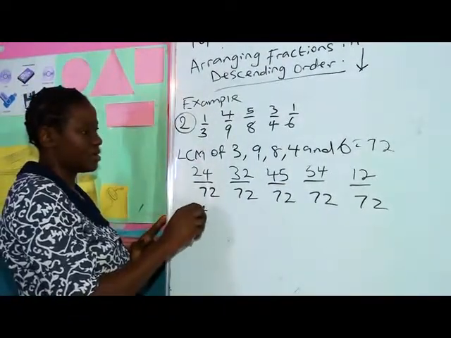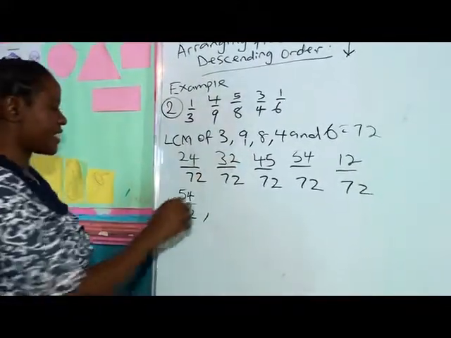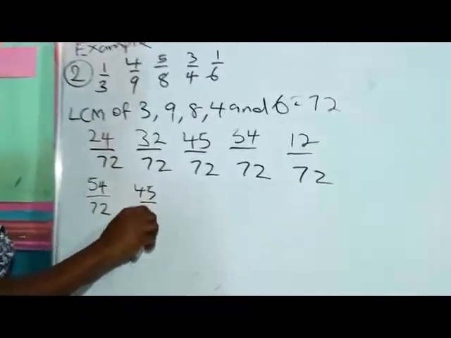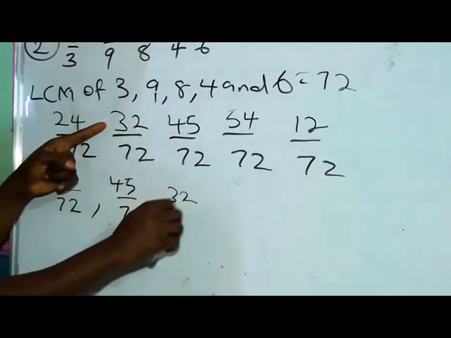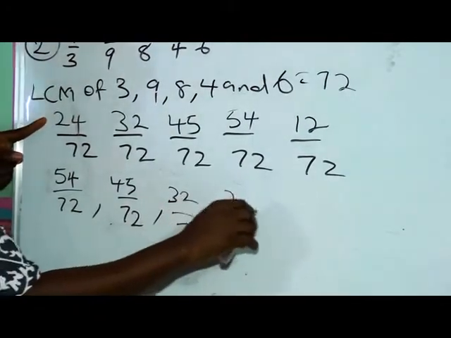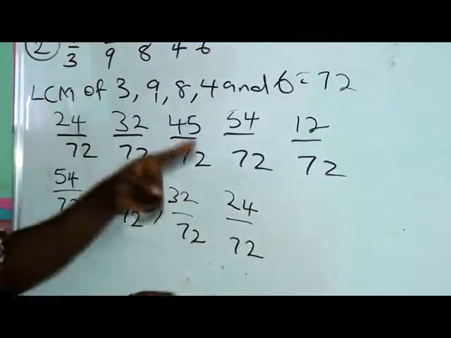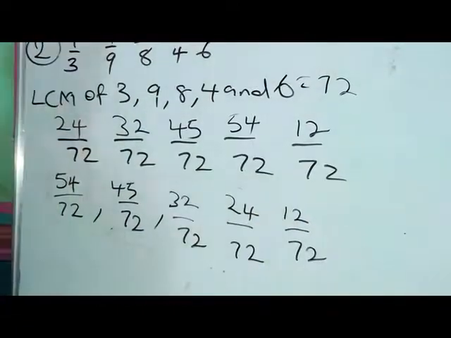So the highest is 54 over 72, followed by 45 over 72. Next is 32 over 72. Next is 24 over 72. And lastly, 12 over 72.